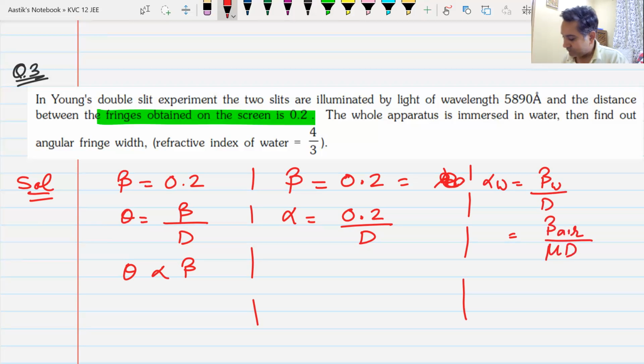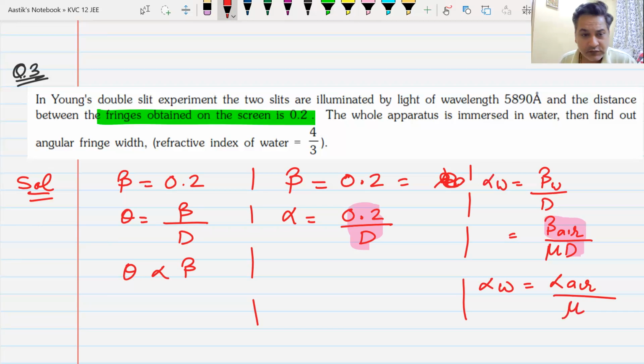Now look here: beta in air divided by d is your alpha in air. So alpha for water will be alpha in air divided by mu. Do we understand this? So that is the result we are looking at.